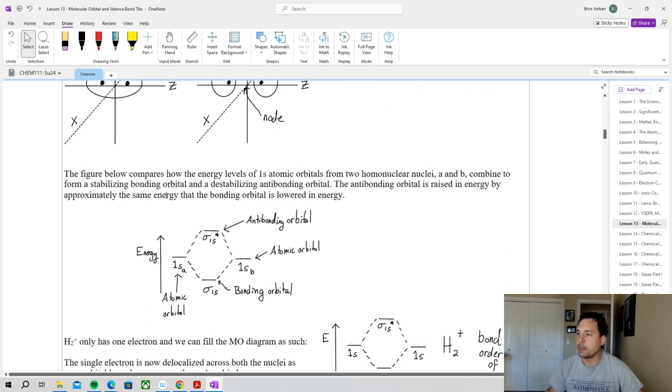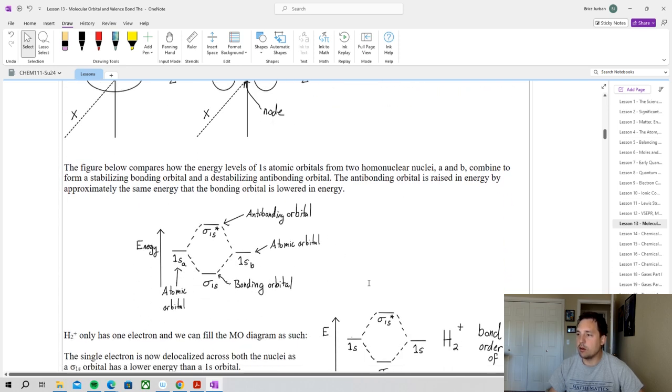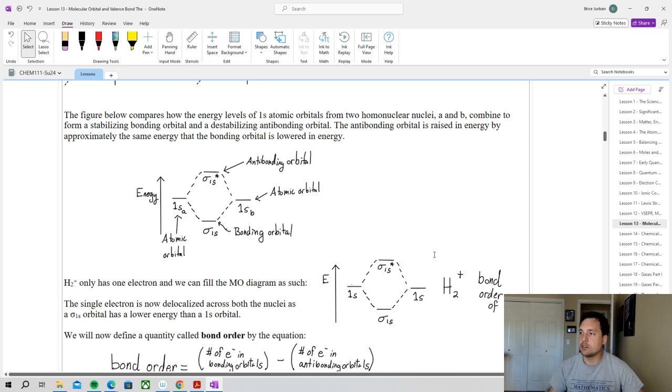All right. Now, this figure down below shows how the energy levels of 1s atomic orbitals combine to form two different molecular orbitals, the bonding sigma 1s and the antibonding sigma star 1s. The antibonding orbital is raised in energy by approximately the same energy that the bonding orbital is lowered in energy.